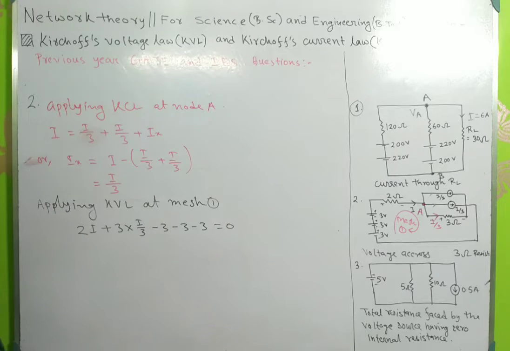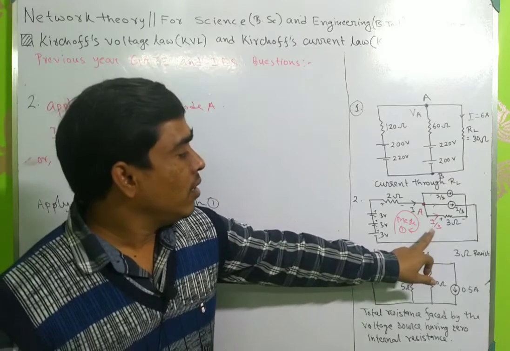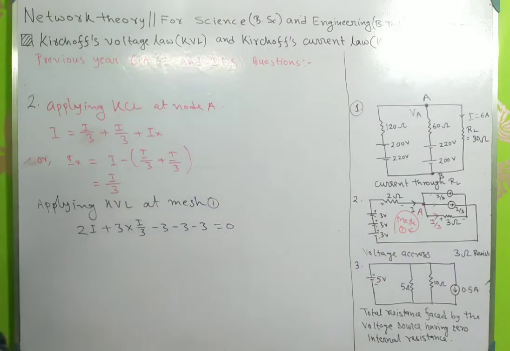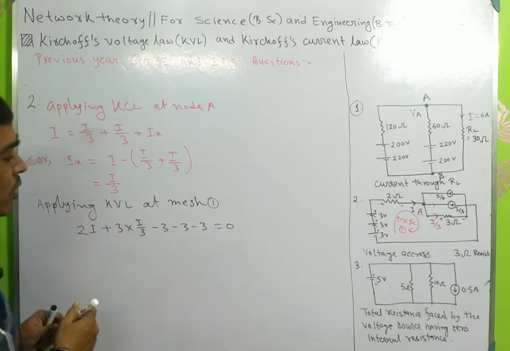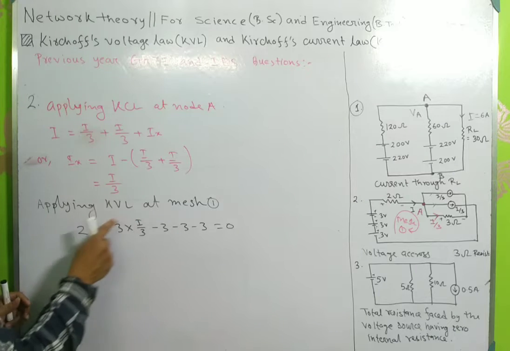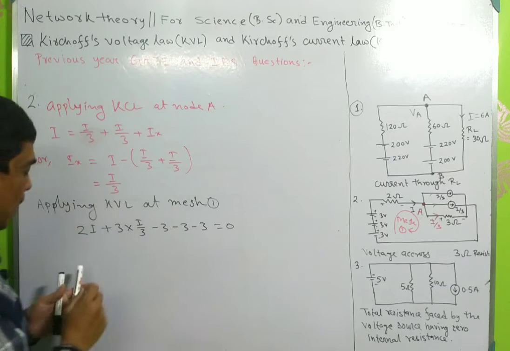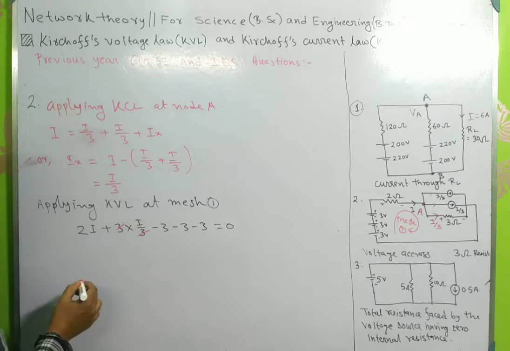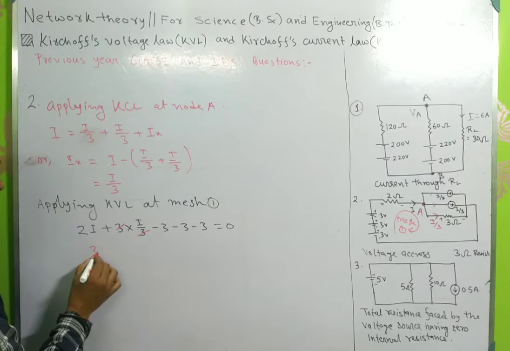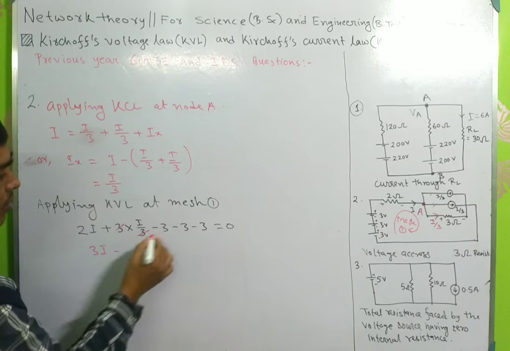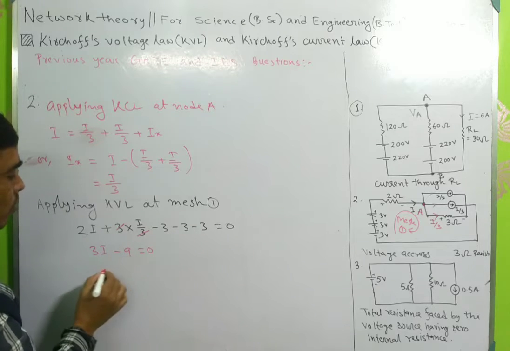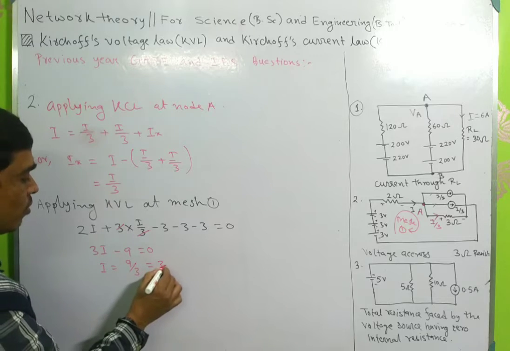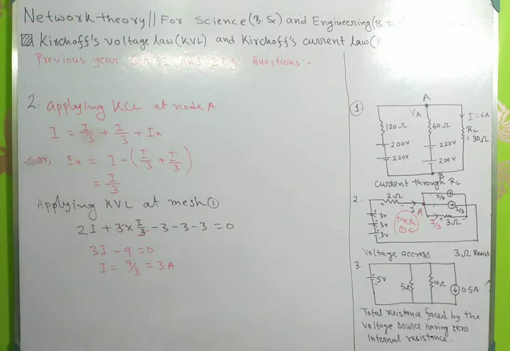So this is the KVL at mesh 1. From this equation we can calculate the current I. The 3s cancel out, so it will be 3I minus 9 equals 0. So I equals 9 by 3 equals 3 ampere.